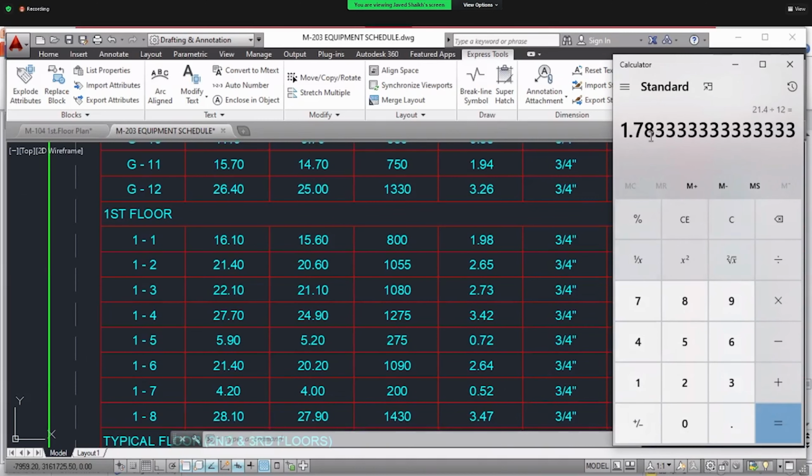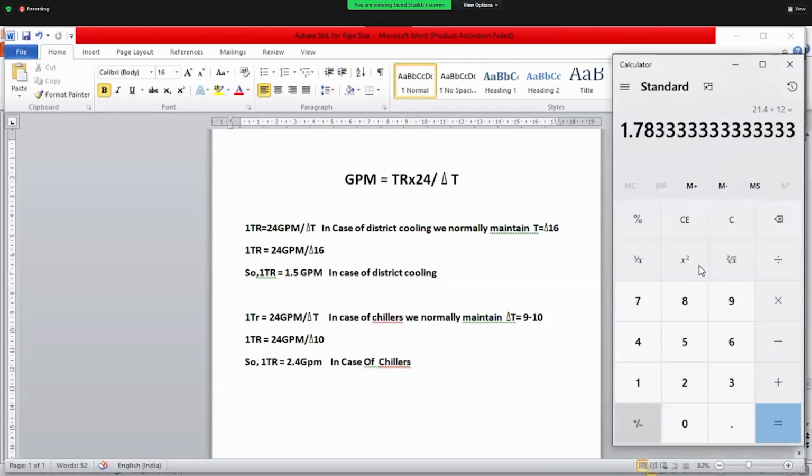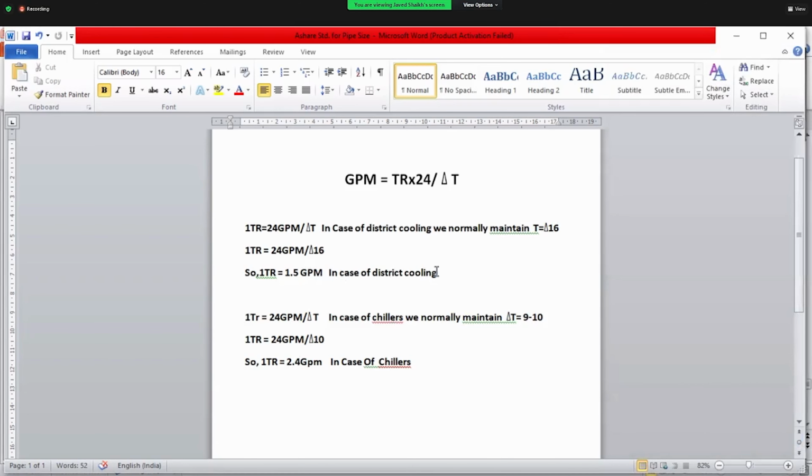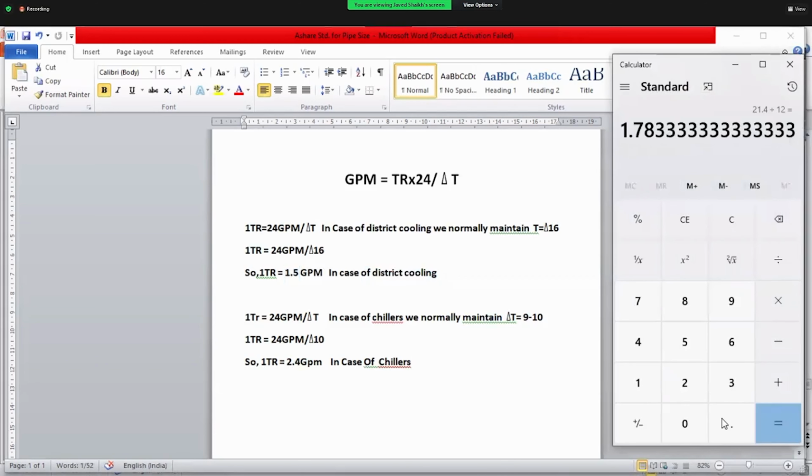After dividing the TMBH by 12, we get the tonnage value, so this is the tonnage of that FCU unit. Then we multiply by 1.5, since we are designing for district cooling, so we use 1.5 GPM per ton. So multiplied by 1.5, we get 2.67 GPM. This is how we have to calculate GPM.